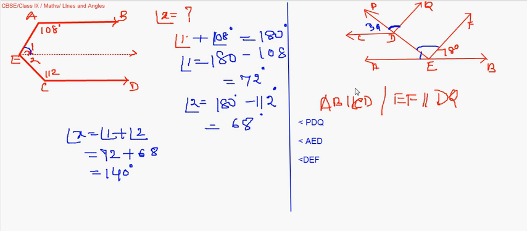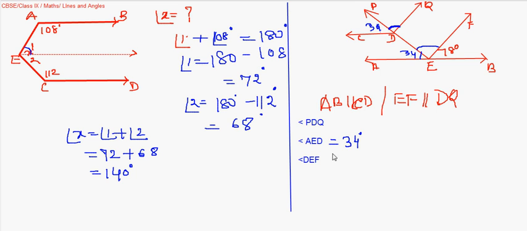Angle CDP is corresponding to angle AED. So angle AED will be 34 degrees as corresponding angles are equal, this and this. Okay. Now angle D, this is 34.